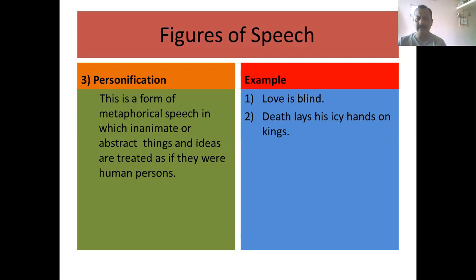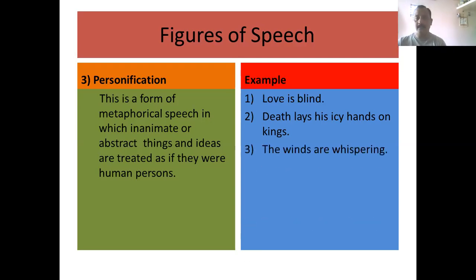But here, death lays icy hands means the poet compares that death has hands, and because of that, death is going to lay the hands on the people, on the kings. Here, death is given the human quality of having hands. Only man can have hands, like here, death is having the hands. So this is also personification.